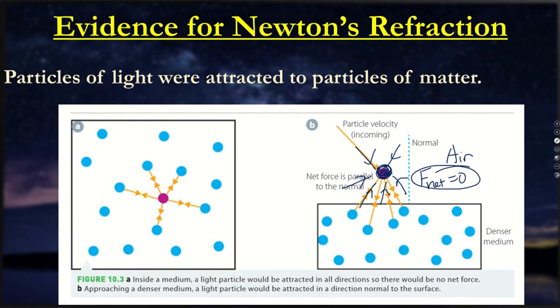If it reaches a surface, or close to a surface, that interface, as it's approaching, the forces from that newer, denser surface, let's say it's water, create an attraction force that's pulling the particle down. So it's pulling it in its normal component, in this case also the y component here.